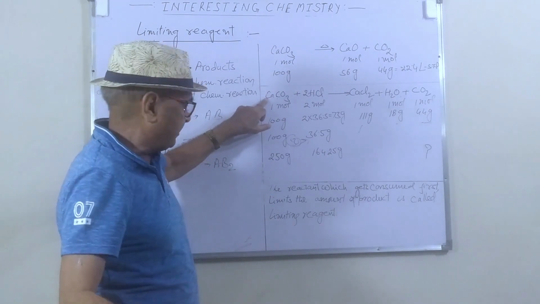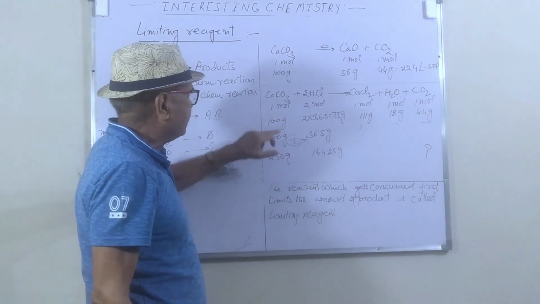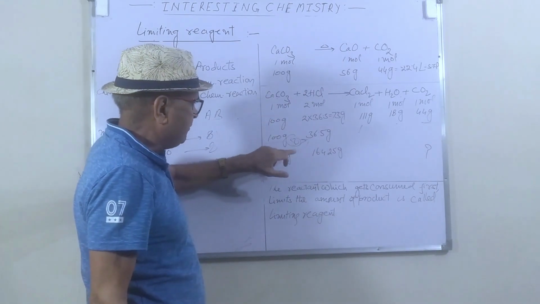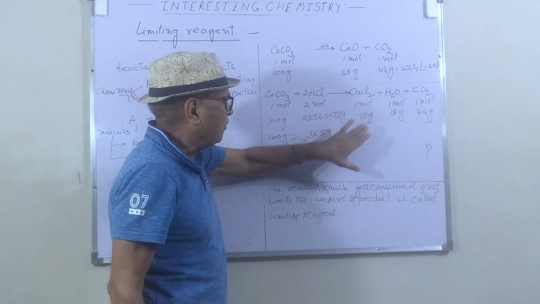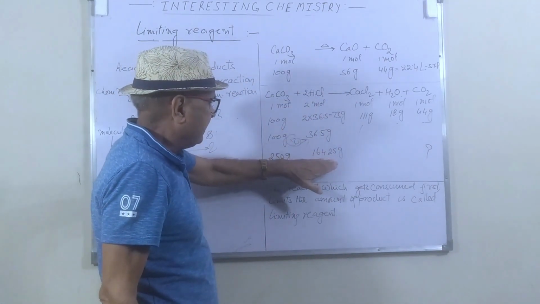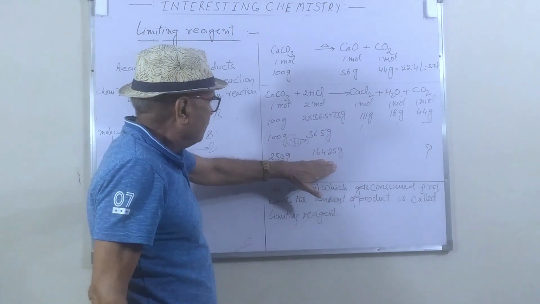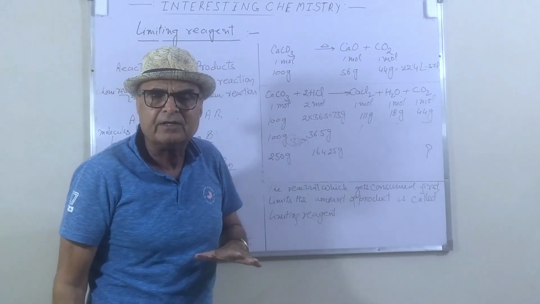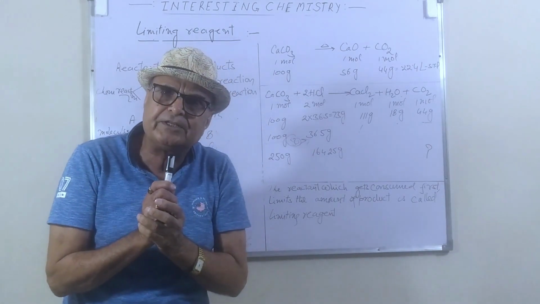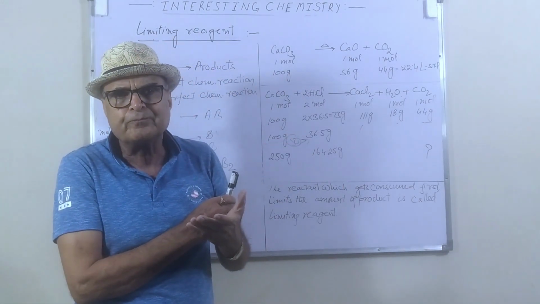Please write this question: 250 gram of calcium carbonate is treated with 164.25 gram of HCl. Which reactant is the limiting reagent? Find out the limiting reagent in that case.